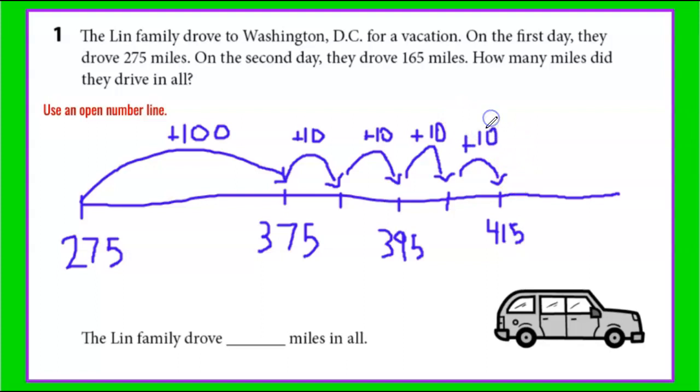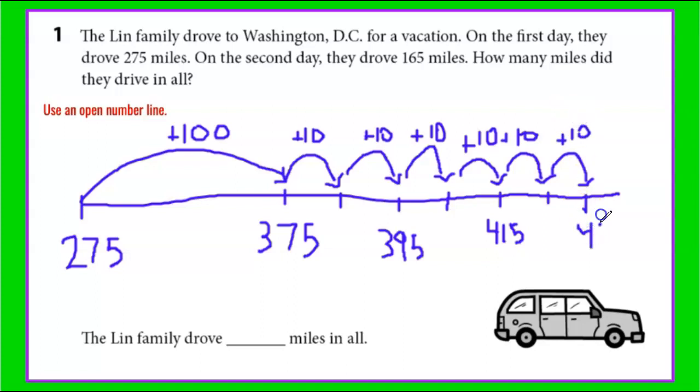So now I have 40 so far. I know I need 60 to add on. So another 10 would get us to 425. And then another 10 would get us to 435. So I know that I'm at 435 miles.